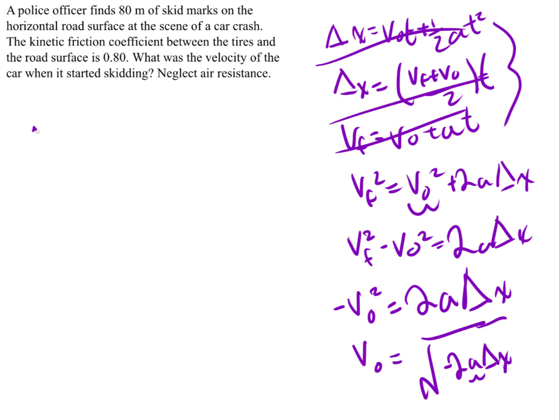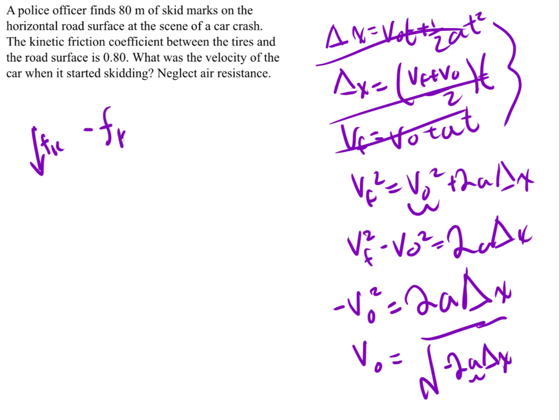So if this is the car and it's skidding, the only force acting on it while it's skidding is going to be, let me draw an arrow, the force of kinetic friction, and that will oppose the direction of motion. So the only force acting on it is the force of kinetic friction.